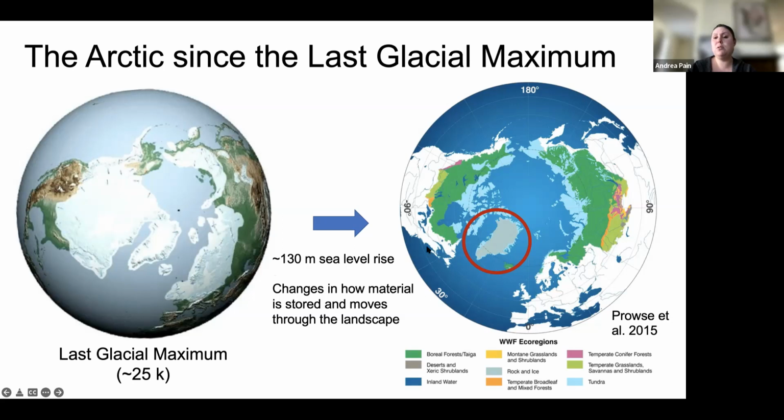But importantly, it also resulted in the exposure of all these different new landscapes that have the capacity to deliver water and solutes to the ocean, but are governed by really distinct biogeochemical processes that could influence the quantity and quality of this water. So this change represents not only a change in the ice storage, but also how material is stored and moves through the landscape.